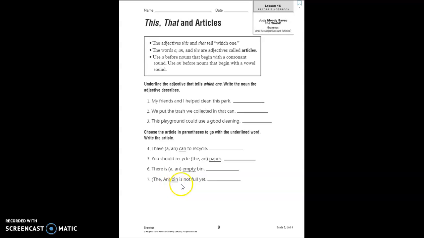Next, the bin is not full yet, or an bin is not full yet. Okay, so let's just go back and look at it. If it starts with a consonant, use a. If it starts with a vowel, use an, or you could use the, right? And those are your articles.